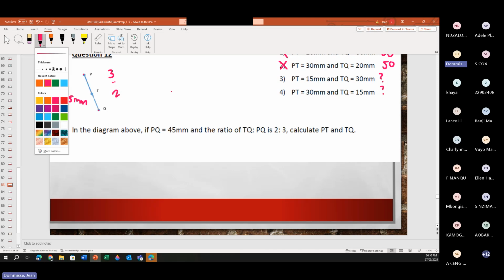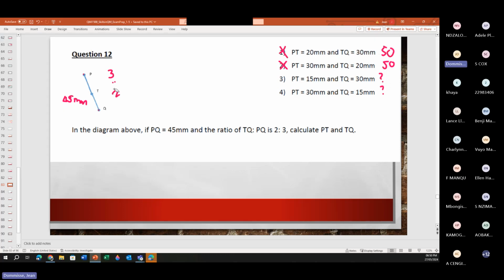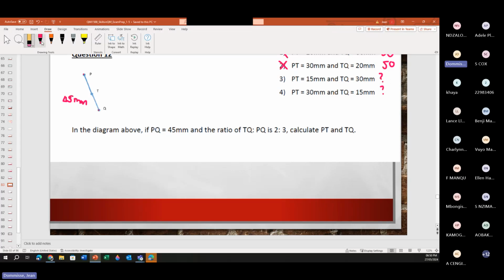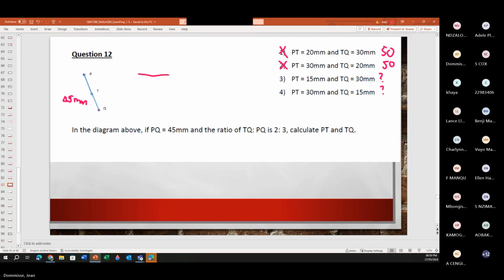Okay, so let's check. And this is now where I quickly want to draw it just a bit differently. That is PQ. That PQ is the whole thing.